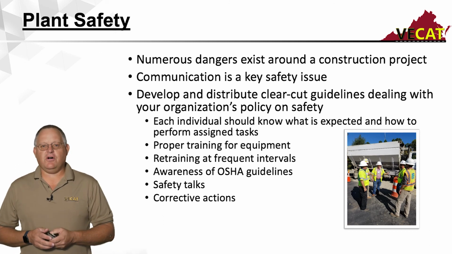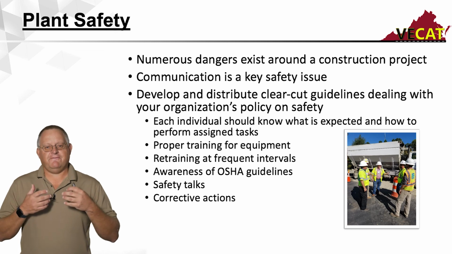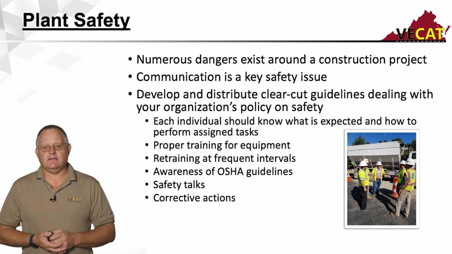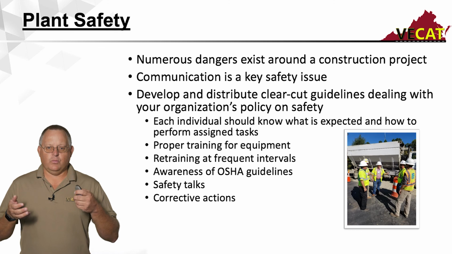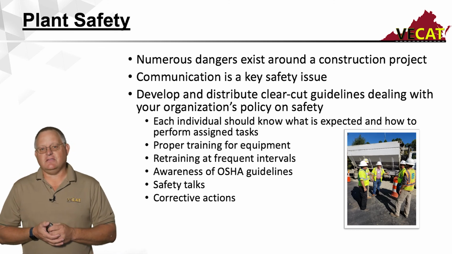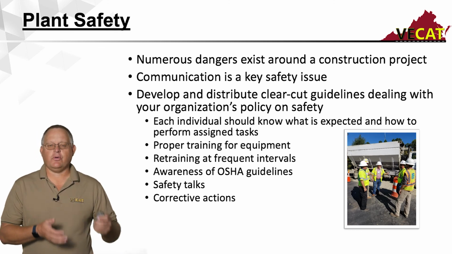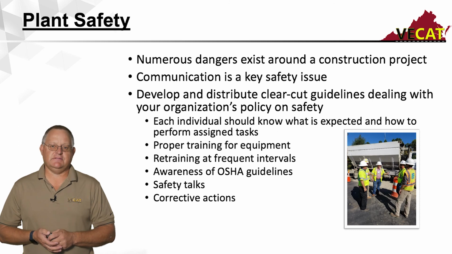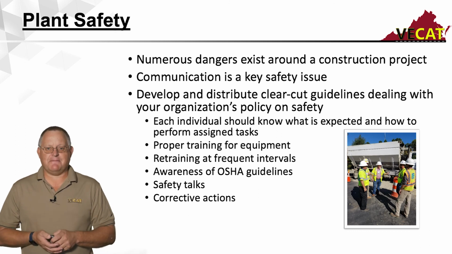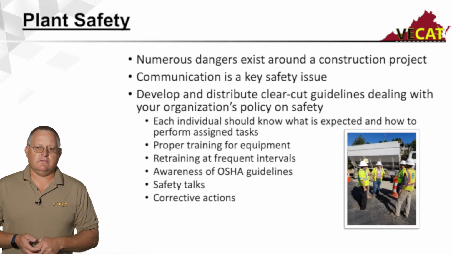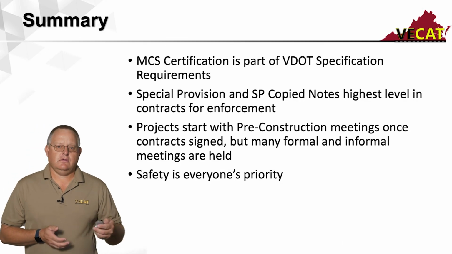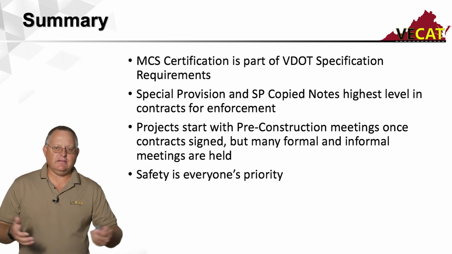Those safety talks, just keeping it fresh and in front of everybody, is critical. And when something happens, and unfortunately things will happen, corrective actions are put into place to try to ensure that doesn't happen again.